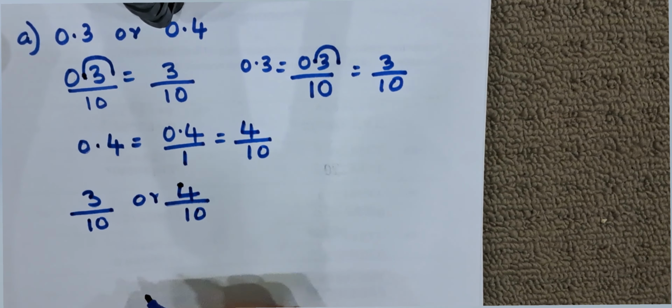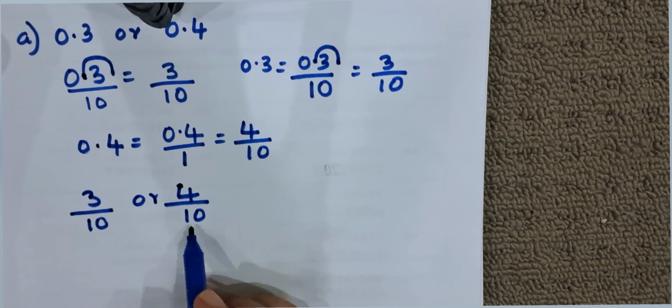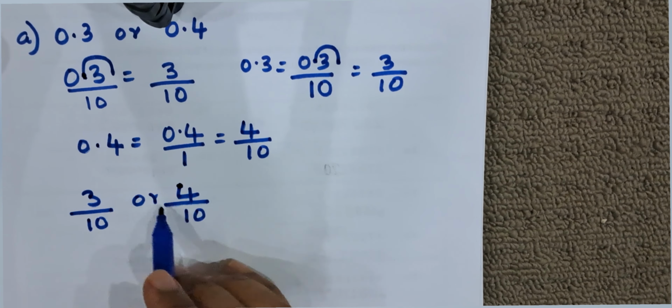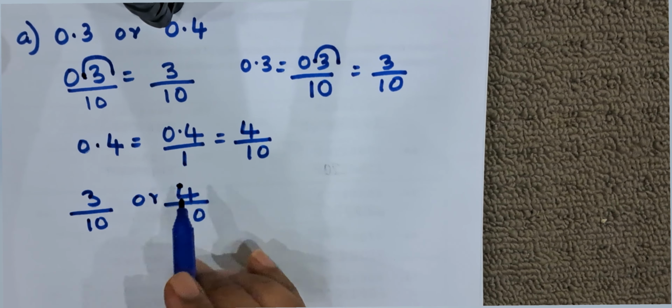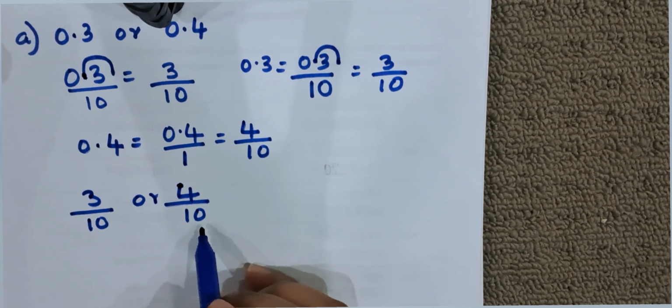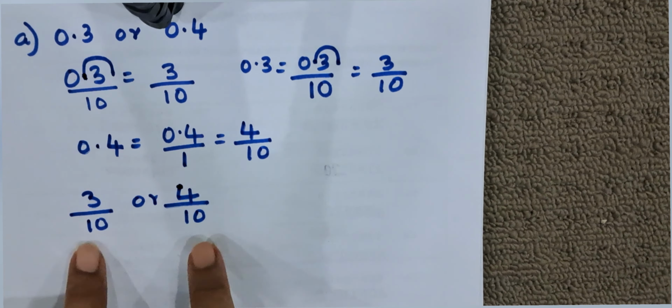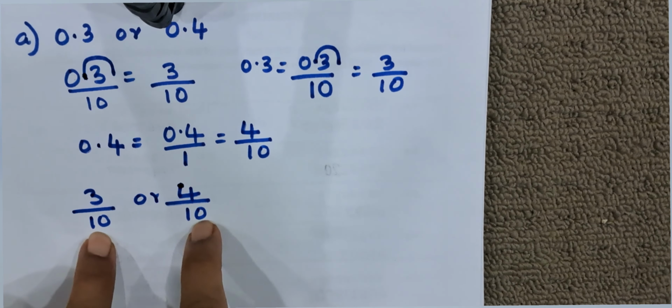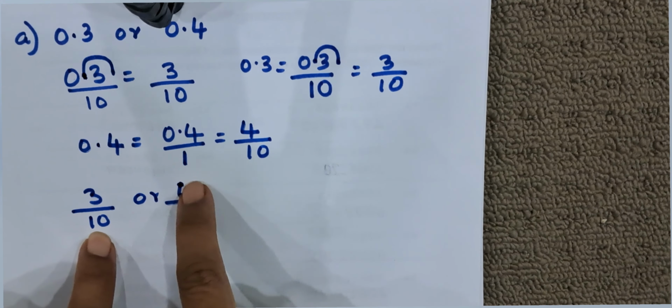Now which is greater? In fractions, when the denominators are the same and the numerators are different, the bigger numerator is the bigger number. See here, there are two fractions, 3 by 10 and 4 by 10. The denominators are the same, that is 10, and the numerators are different. So which number becomes bigger? The one with the bigger numerator.